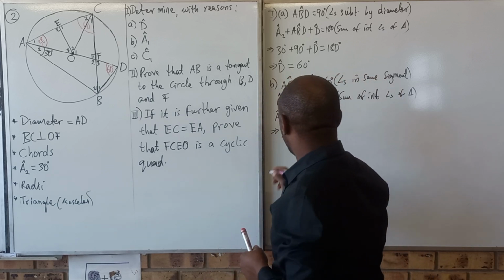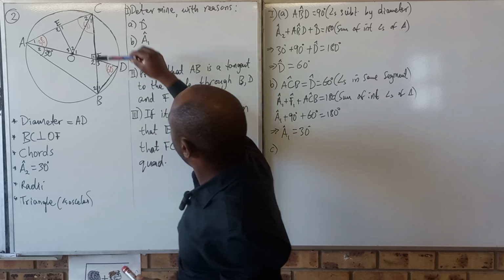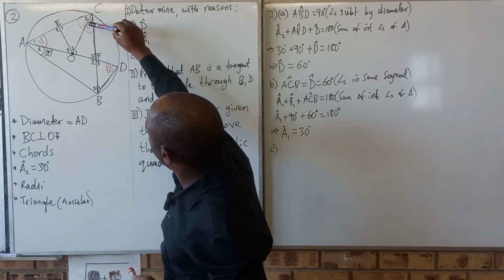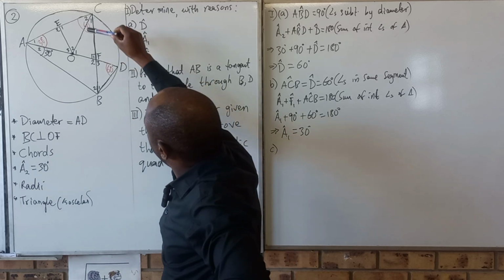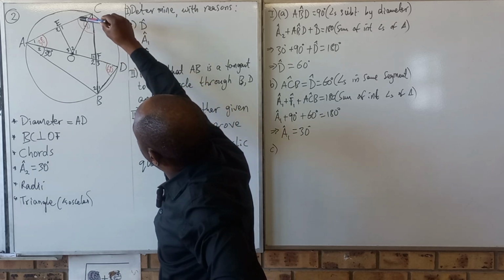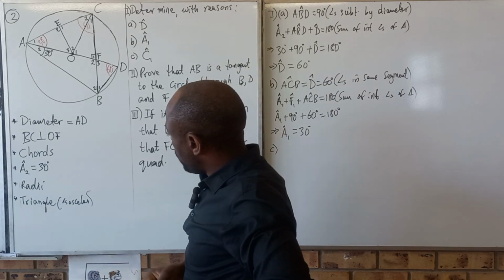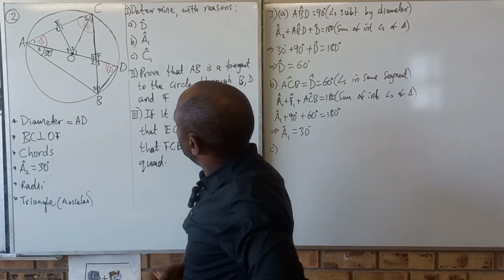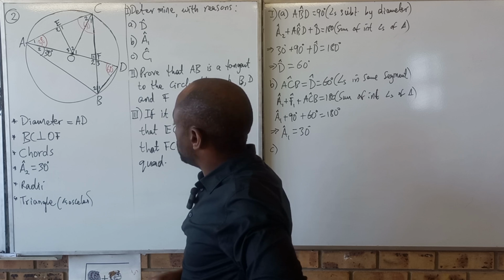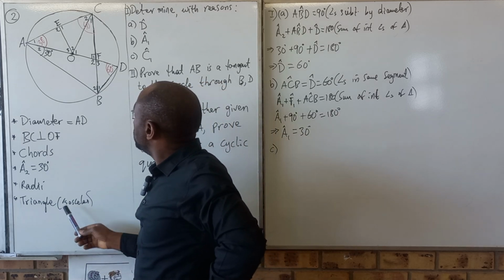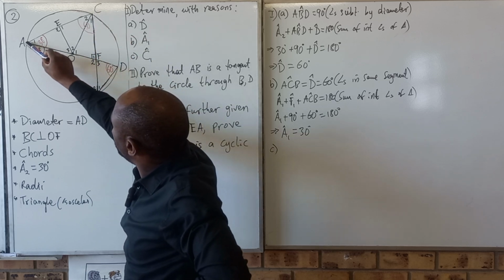So let's now look at C, which is looking for C1. So you see where C1 is, we can already pick it that C1 plus C2 give us 60 degrees. So if they're asking you to get C1, if you can get C2, you just subtract from 60 degrees. Up to so far, where C2 is, it is inside an isosceles triangle, because you see that OC is a radius, OA is a radius.